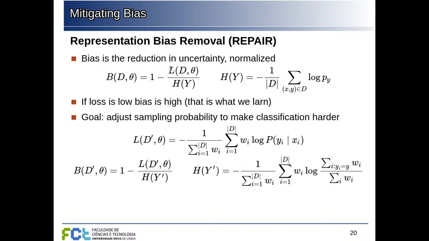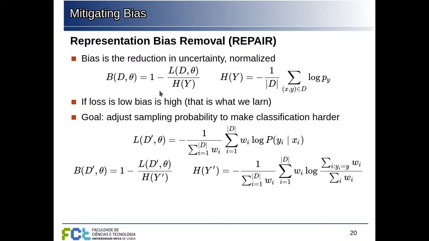So the lower the loss is for some particular model on some data set, where this model is the linear model we're trying to adjust given the representation that our network produced, the higher the bias will be, because if we can classify these examples easily, then there's some strong bias there distinguishing between the classes.